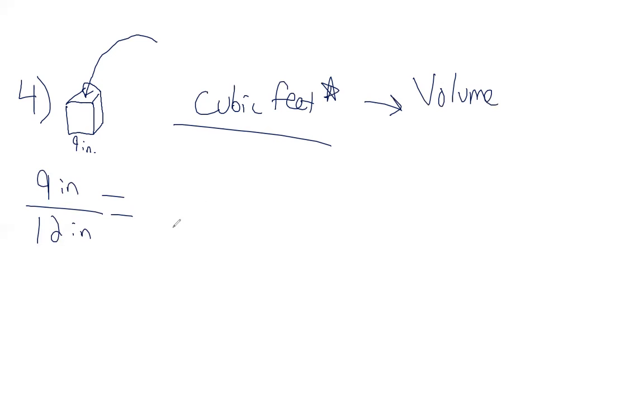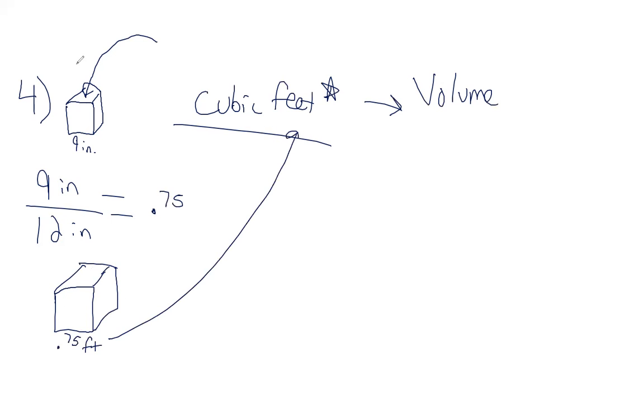So this is how I do a conversion, right? 9 divided by 12, punch that into the calculator, you get 0.75. So our new cube has a side length of 0.75. It's the same distance, but now we're talking feet, which is what we need for our answer.